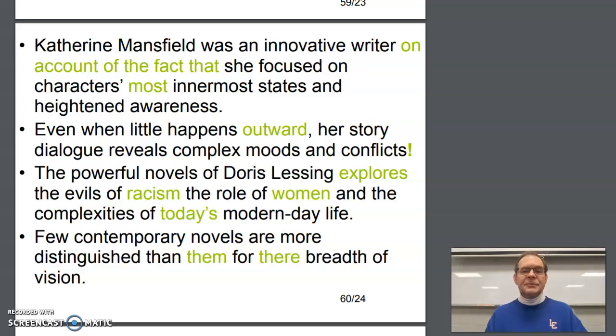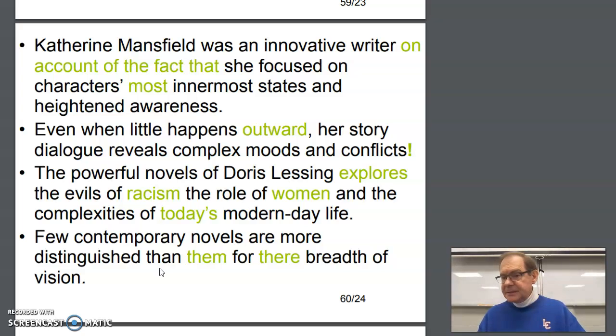Few contemporary novels are more distinguished than them for their breadth of vision. Let's look at the word there first. Wrong homophone, T-H-E-I-R, for possessive case is what you need. Look at the word them, because many, many times, if not most of the time, this is how you hear people talk. Look at the word than. The same rule applies for the word as in this same situation.